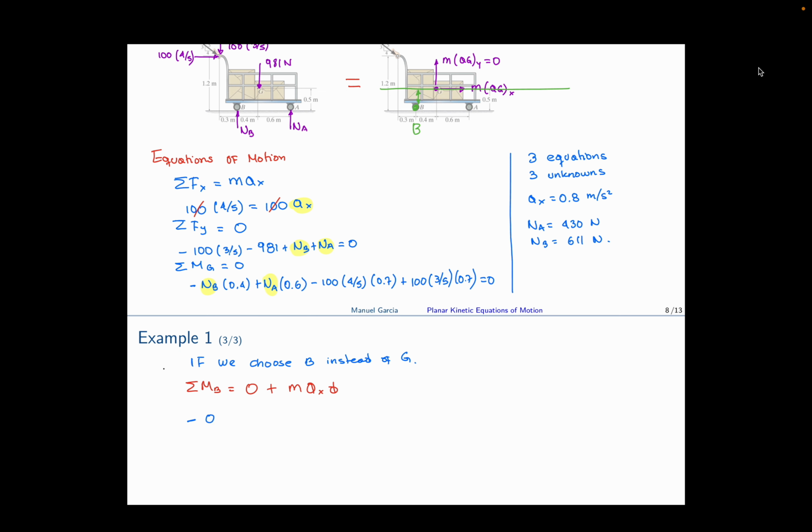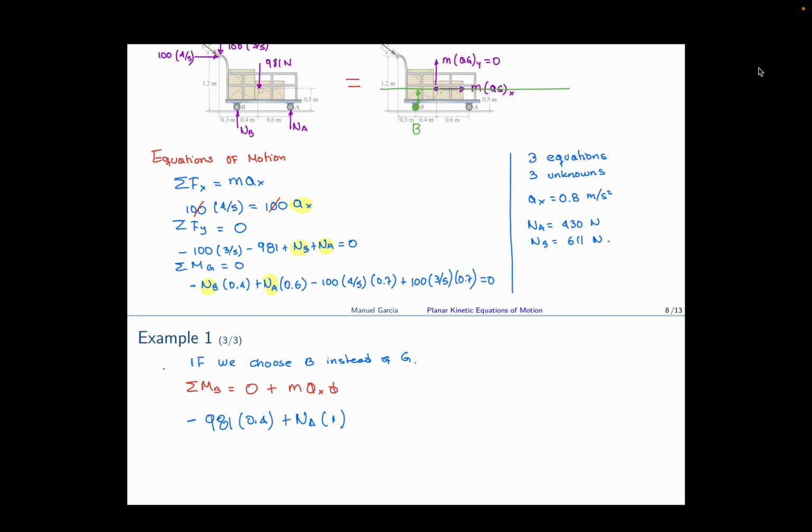So it is 981 multiplied by the distance, which is 0.4, plus NA multiplied by the distance, which is 0.4 plus 0.6, so that's 1.